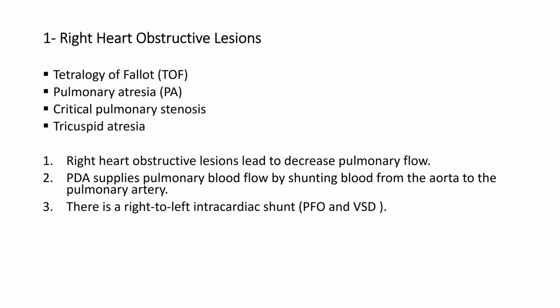And inside the heart, if the patient has a PFO or VSD, the shunt will be right to left in this intracardiac shunt. So again, to recap, it decreases the pulmonary blood flow, and we have to have an origin for this blood supply to the pulmonary circulation. It will be the duct-dependent pulmonary circulation, and inside the heart, all the intracardiac shunts will be right to left.